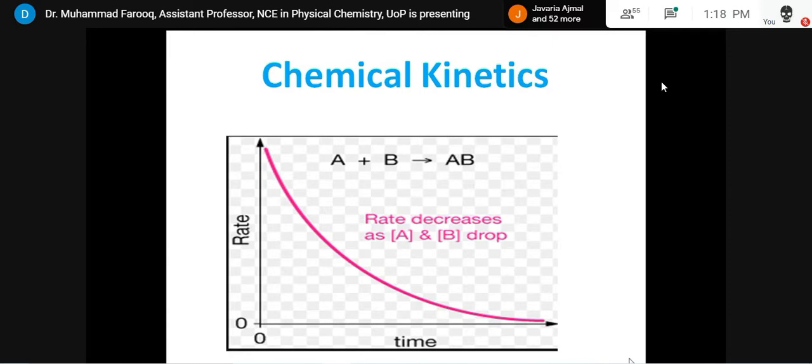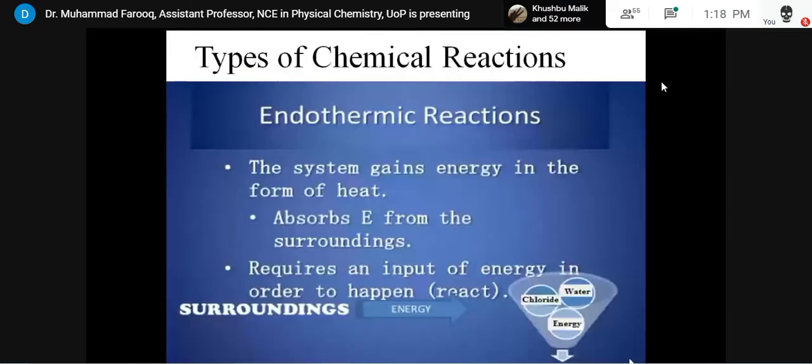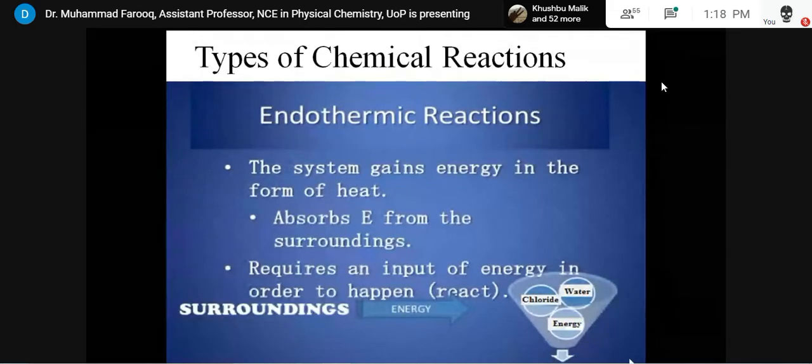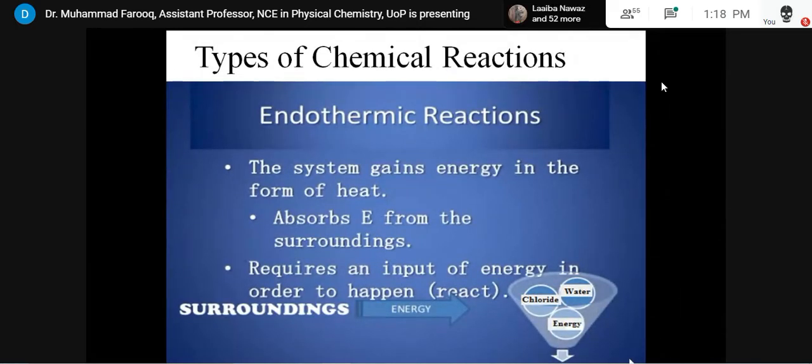Now, there are two types of chemical reaction. One is called endothermic, and the second one is called exothermic. Endothermic reaction means which requires heat from the external. The system gains energy in the form of heat. It means endothermic reactions are those which don't occur by themselves, but occur by providing heat from the external.